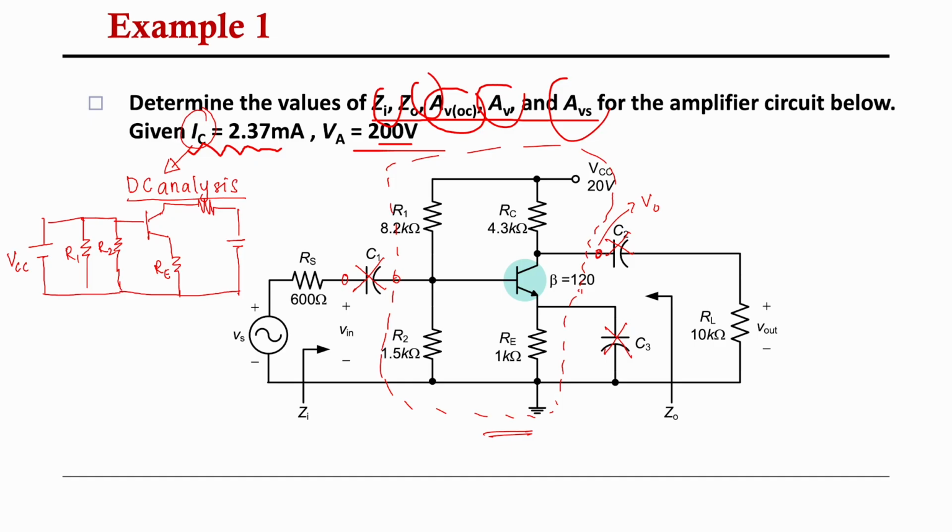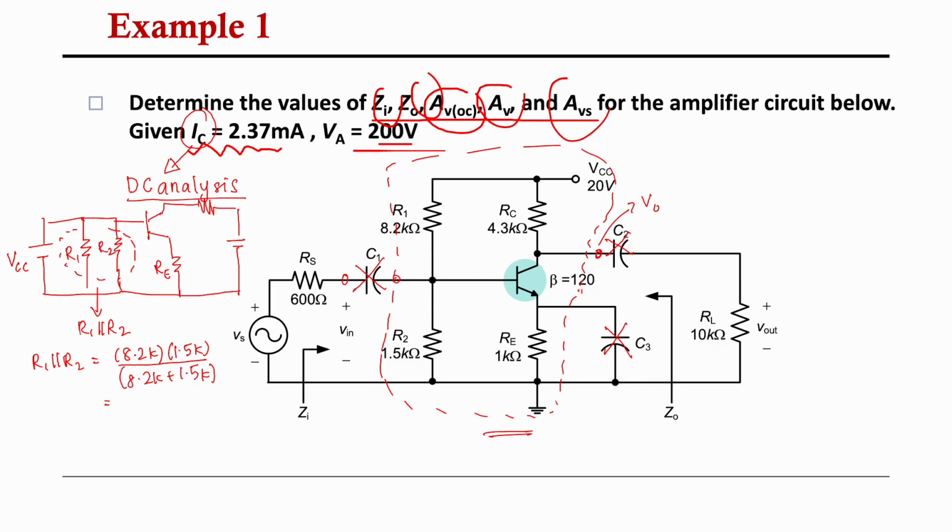From here, R1 and R2 we can simplify to become R Thevenin, which is R1 parallel with R2. So you can calculate R1 parallel with R2: 8.2K times 1.5K over 8.2K plus 1.5K.